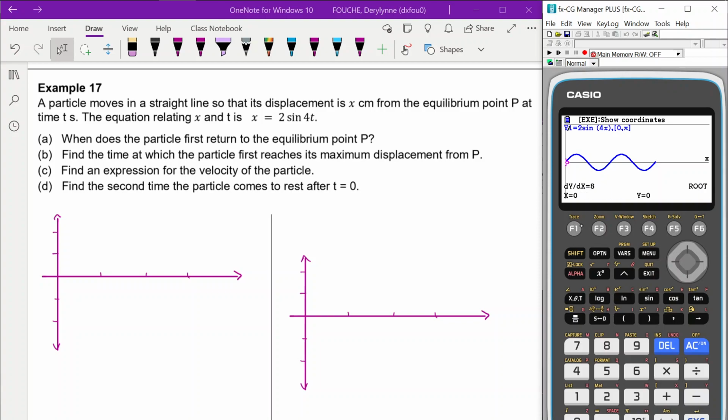I also want to know where it is crossing the x-axis, so I use my root, and I can see at 0.785, 1.57, and 2.35.